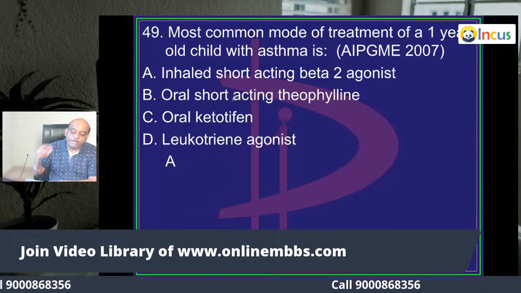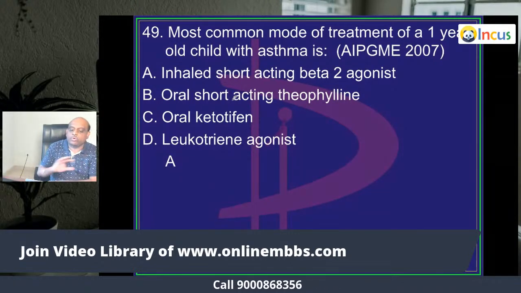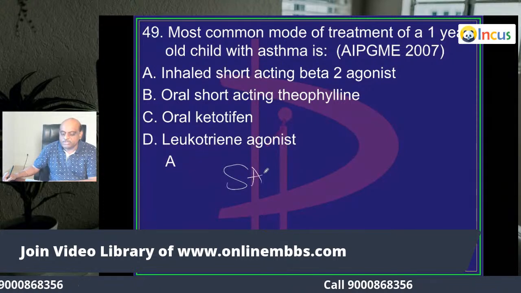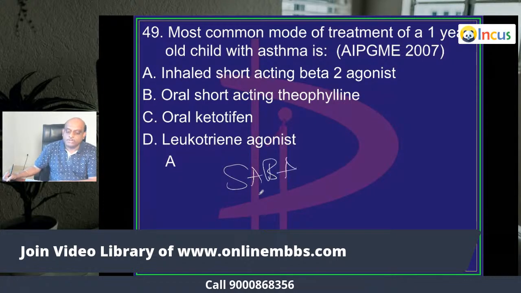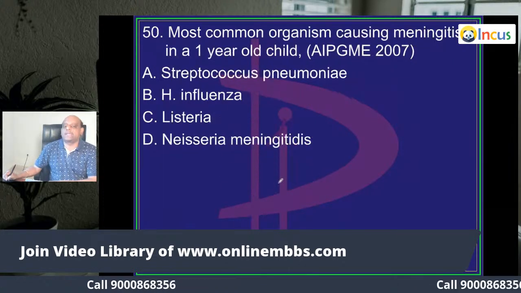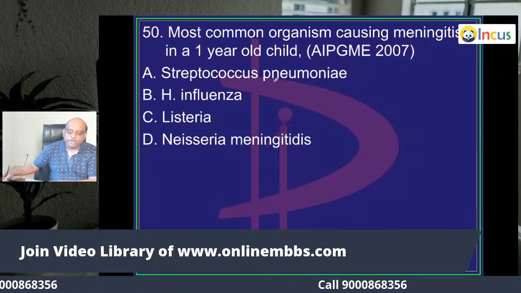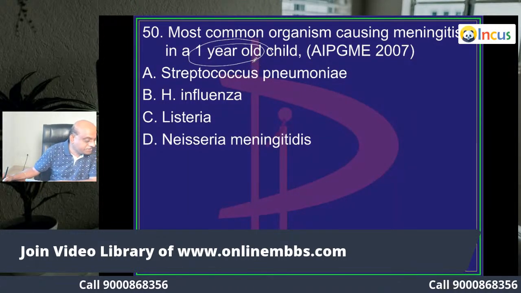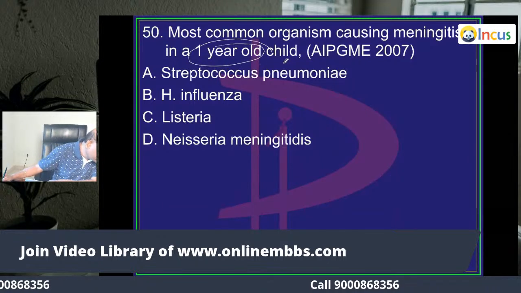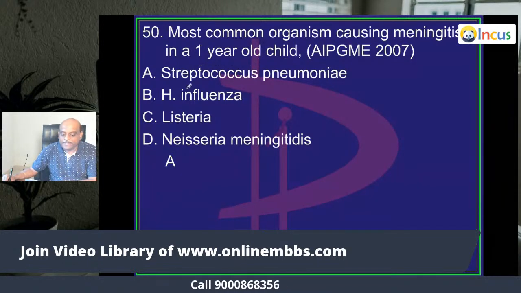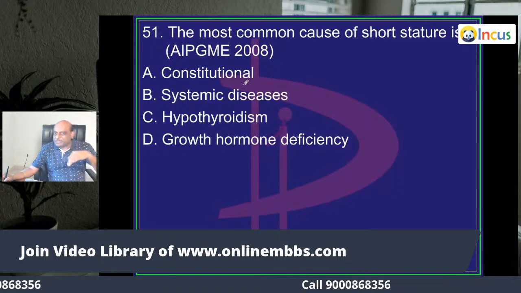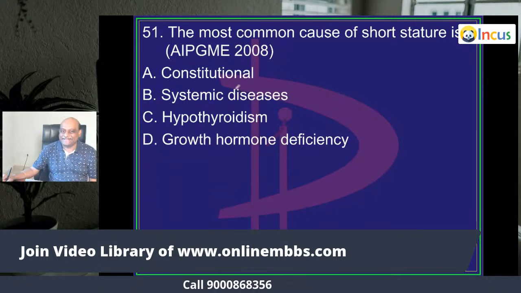You should remember SABA, short acting beta 2 agonist. In a 1-year-old child, the most common organism causing meningitis is typically Streptococcus pneumoniae.